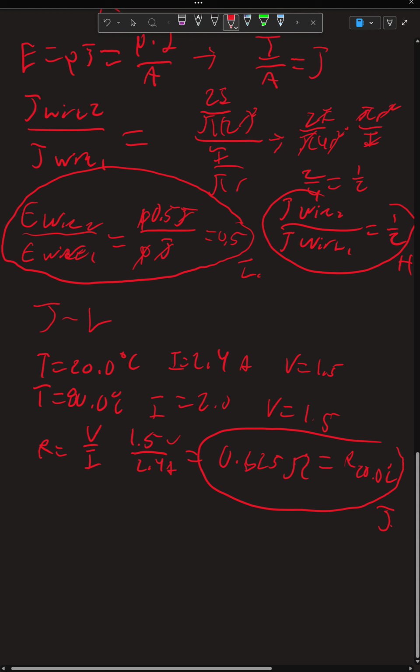For part K, it's asking what is the resistance of the wire at 80 degrees Celsius. So it'll be the same thing. The voltage is the same, so 1.5 over 2 amps instead.